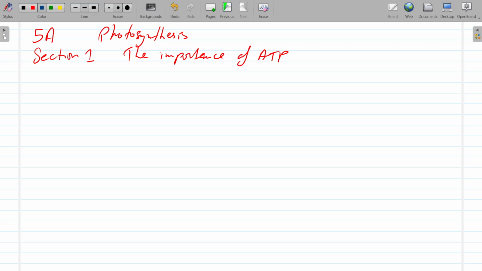They also mention that the sun is the primary source of energy for all life on Earth.